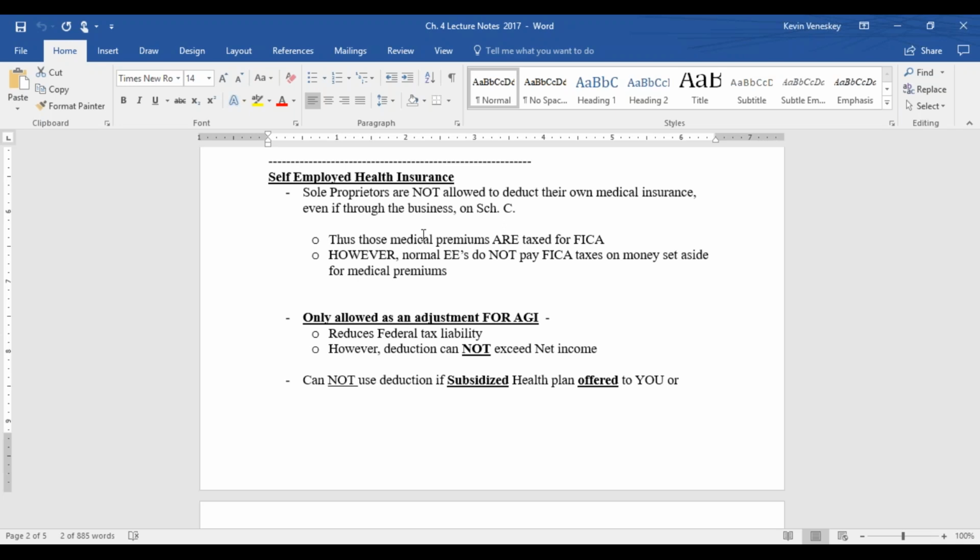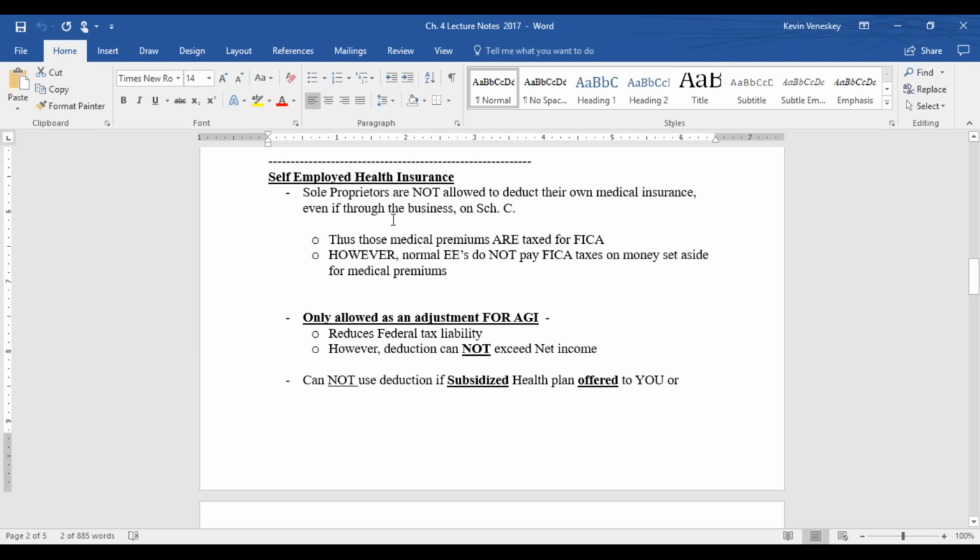Say you have to pay $100 every 2 weeks for health insurance. That gets taken out of your paycheck, but it also gets taken out of your taxable income. So you're not taxed on it for those Social Security and Medicare taxes. However, as a small business, you are not allowed a deduction. So therefore, you are paying Social Security and Medicare tax on your health care payments, which does not seem fair.